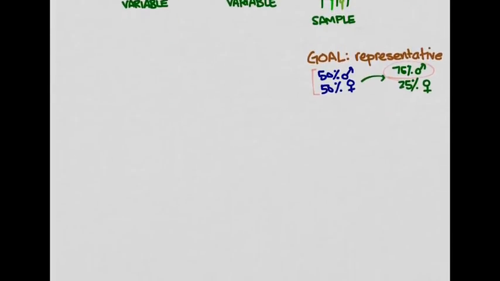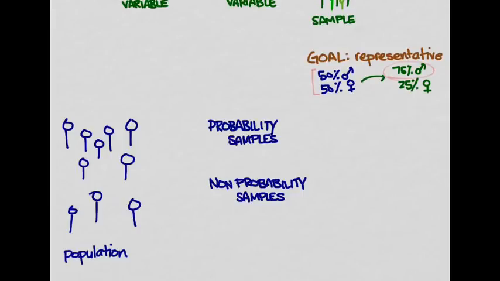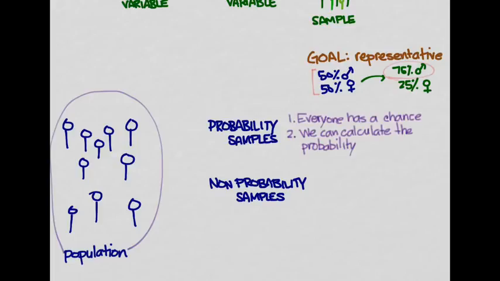The first thing that we're going to look at is probability and non-probability samples. In probability samples, we look at the entire population, and everybody has a non-zero chance of being included in the sample. We could calculate the probability of that chance, and there's some element of randomness in who gets selected.